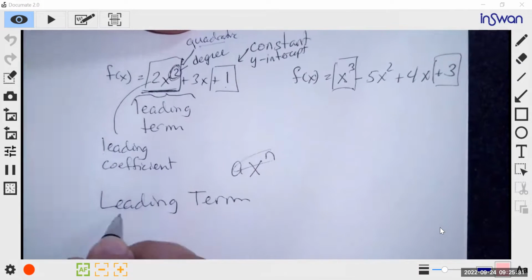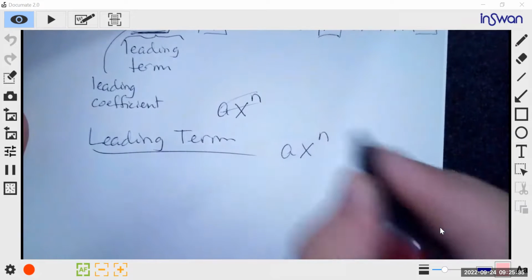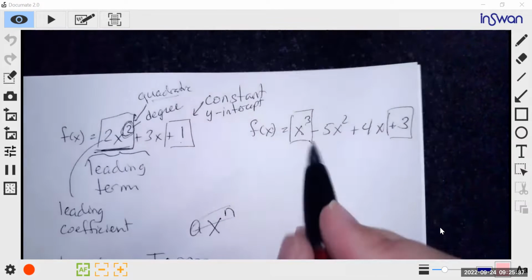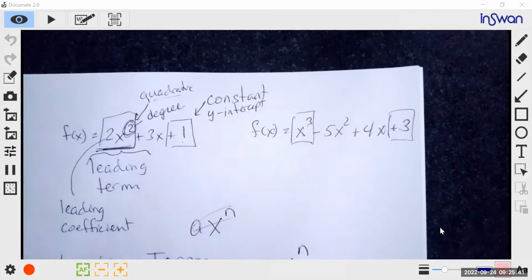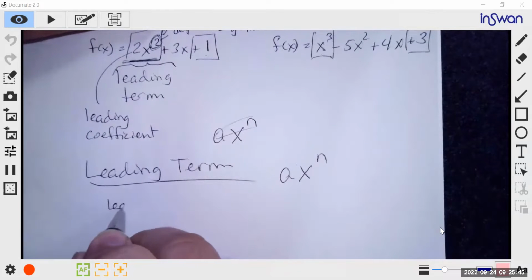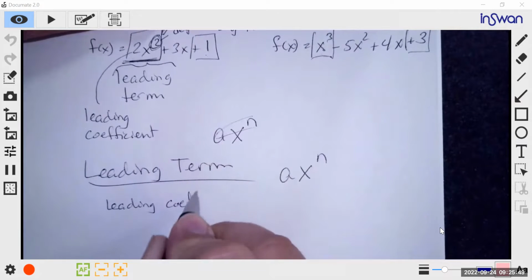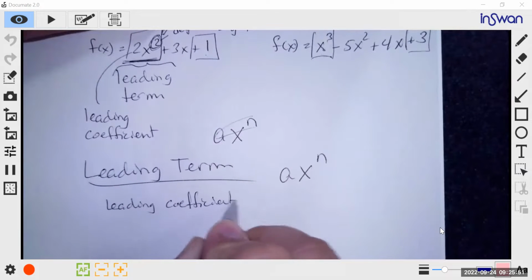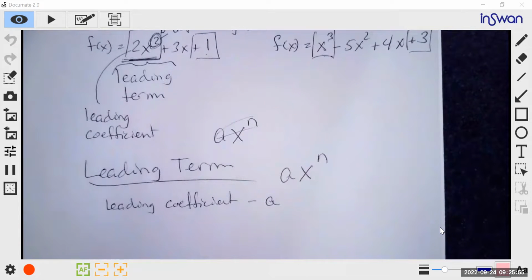Let's see what it tells us and how we interpret it. The leading term is 2x squared here and the x cubed there. The leading coefficient is a. It's whatever is in front of the x.